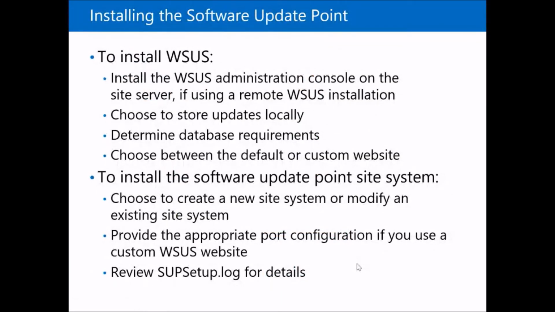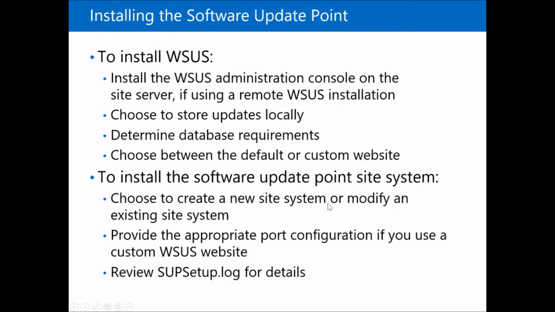So, installing the software update point, or SUP. To install, we need to install the WSUS server and the WSUS server administration console on the site server if using a remote WSUS server installation. So basically, we can have the WSUS server on the same server as the site server, but if it's not on the same server, then we need to install the WSUS administration console onto the site server.